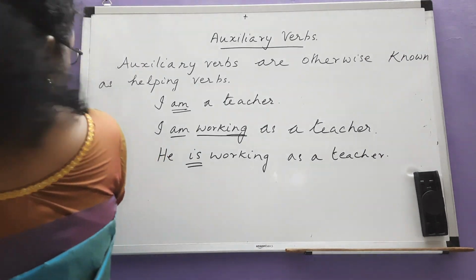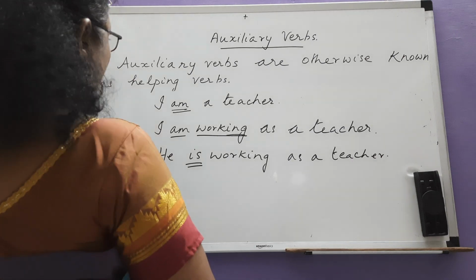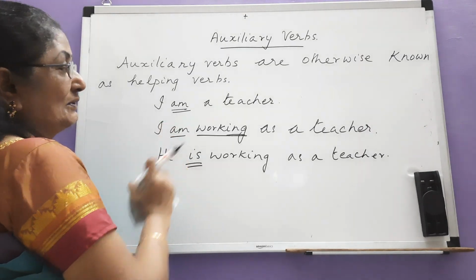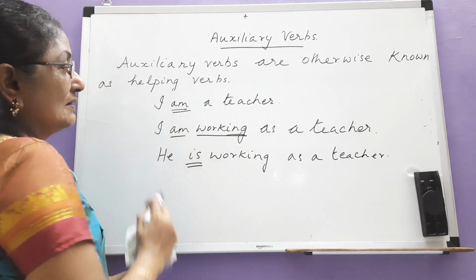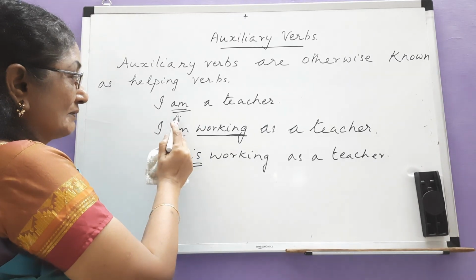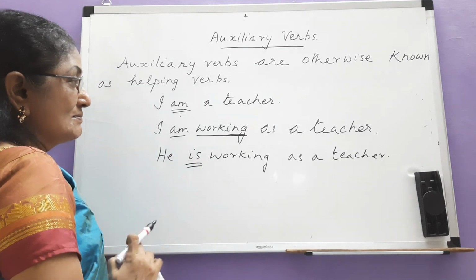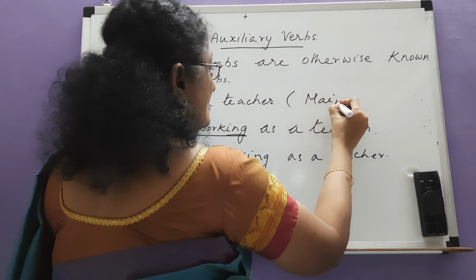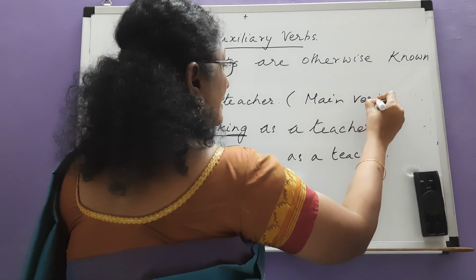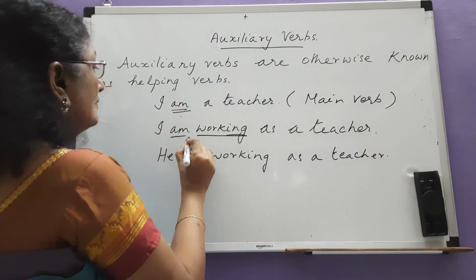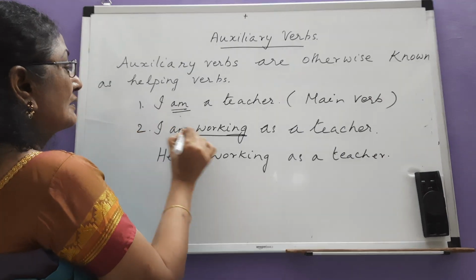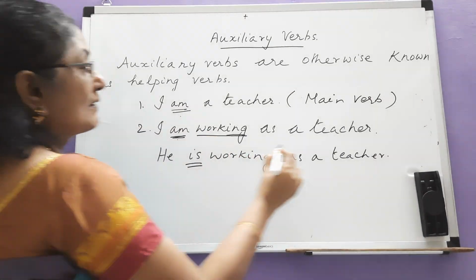So I think you are able to understand; this is a sample for the auxiliary verb. Sorry, here in the first sentence it functions as main verb, this am, whereas in the second sentence it functions as auxiliary verb.